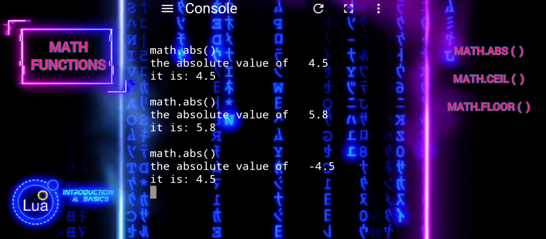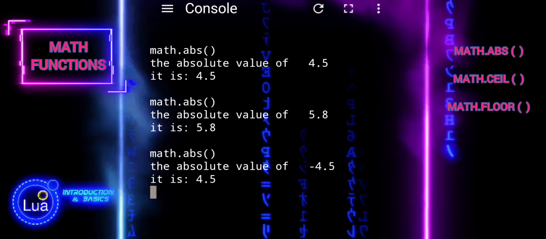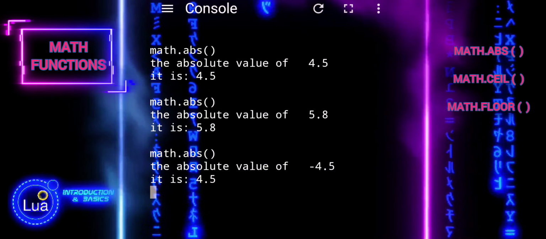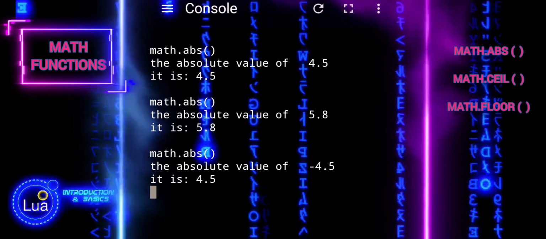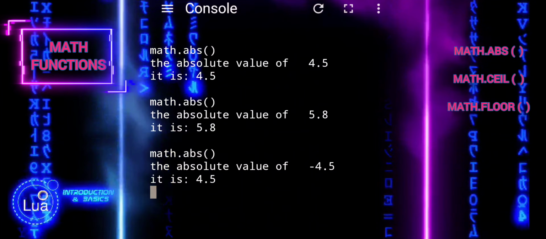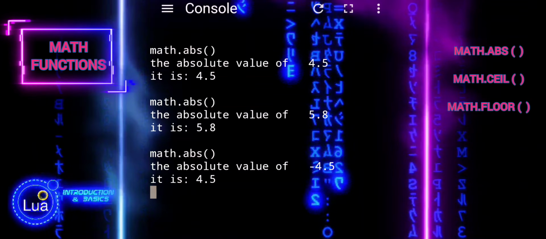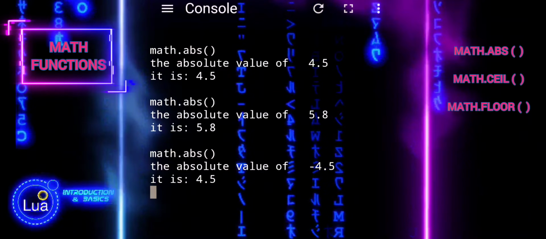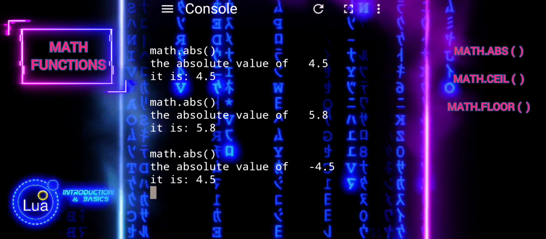The absolute value of y also remains the same because 5.8 is also positive. However, the absolute value of z becomes positive because -4.5 is negative and its absolute value is 4.5. So, even though the values of x and z are different, their absolute values turn out to be the same because absolute value measures distance from 0, not the direction.